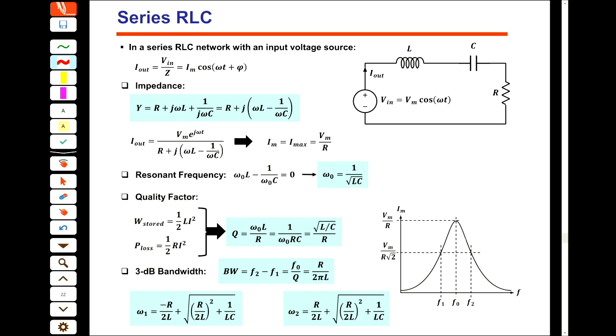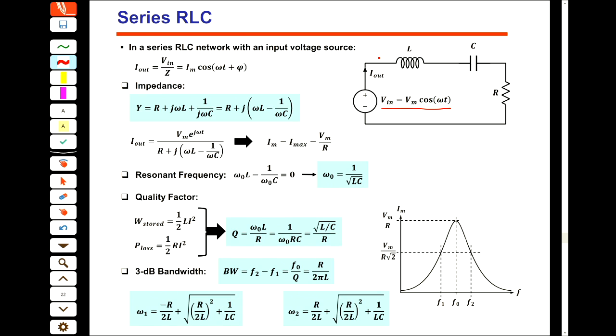The same scenario we have for the RLC in series. So if we have, again, a circuit with the pure R, pure L, and pure C, and then we define to excite this circuit with the voltage source, and this voltage source equation is coming again from this. I mean, it has a maximum amplitude of Vm, and it's operating at frequency of F or omega.